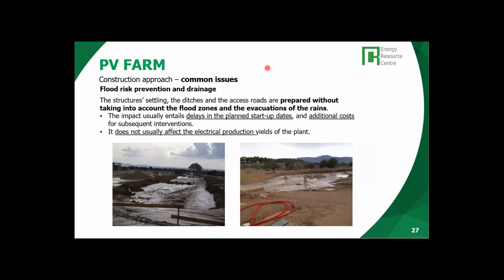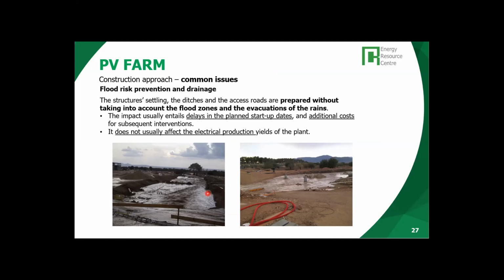What can happen in that particular site if heavy rains hit the area, like in the example that Joan has prepared for us about this 30 megawatt plant in South America, you can see the accumulation of water, also in the video before. So appropriate drainage has to be designed, all right?